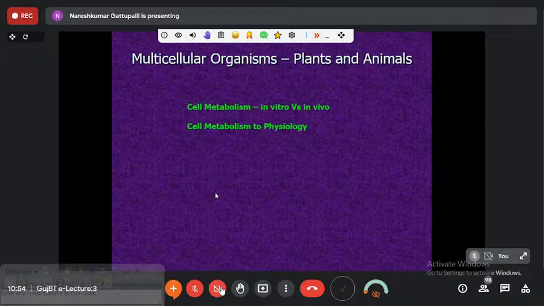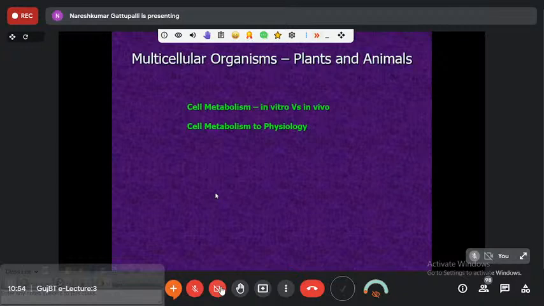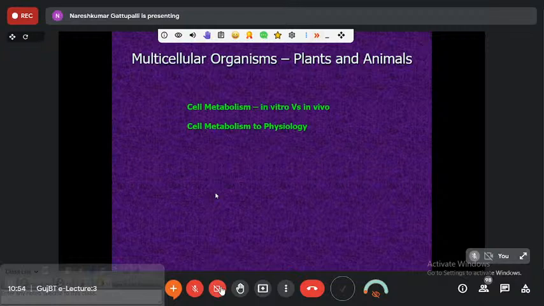Now in the multicellular organism, the cell metabolism in coordinated fashion in a tissue and organs then becomes physiology. So that is the next level. Currently, the techniques have become powerful. So what I believe is that now we are progressing from in vitro cell metabolism to in vivo cell metabolism.